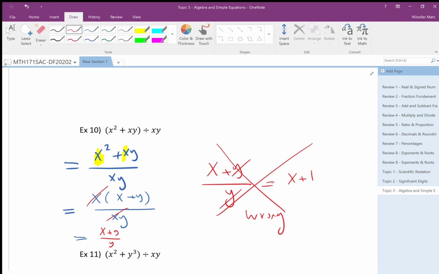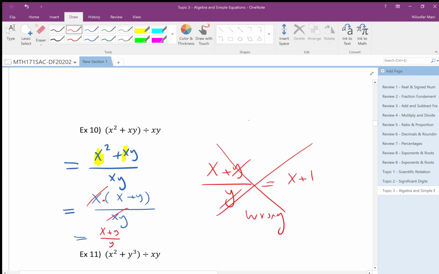When you see y in each term and you can bring it out. Look at here. You have multiplication between x and the bracket. You have product between them and also it's in division, top and bottom. You can cancel. Okay? See, you have x multiplied by bracket divided by xy. In this case, I can cancel, but not in that case.